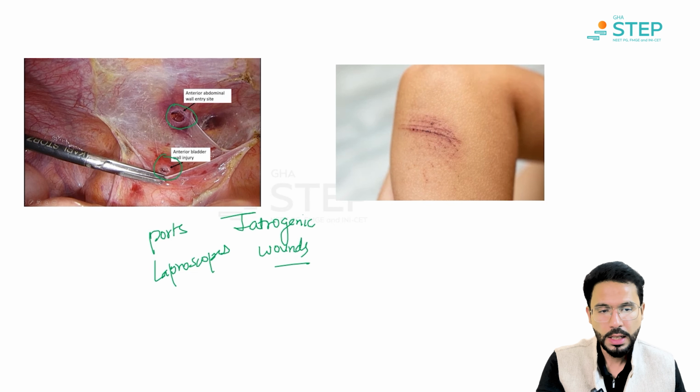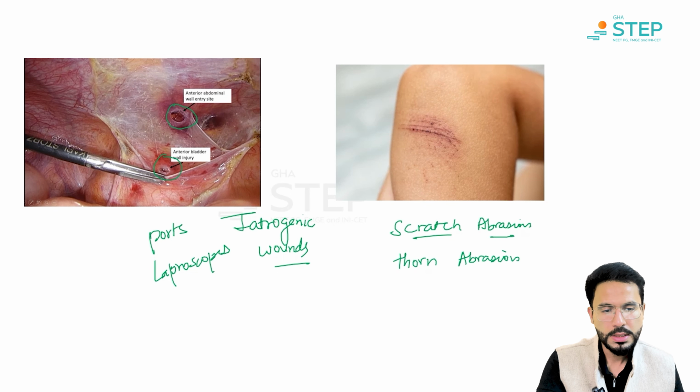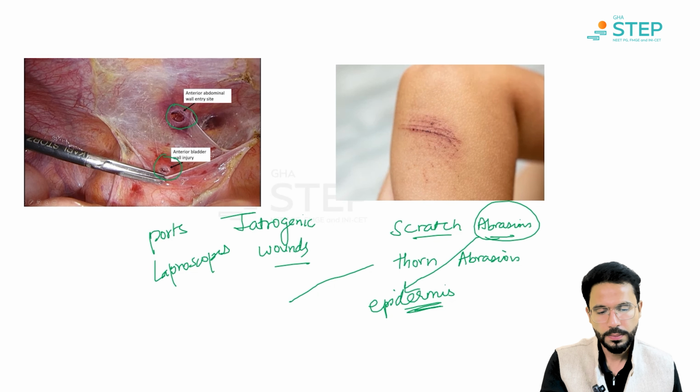This picture is here just to show you a scratch abrasion more closely. And why should we remember that a scratch abrasion, also known as a thorn abrasion, is just the epidermis? When it is gone, obviously abrasions are when we are talking about only the epidermis, but in a single direction, scratch abrasions can occur.